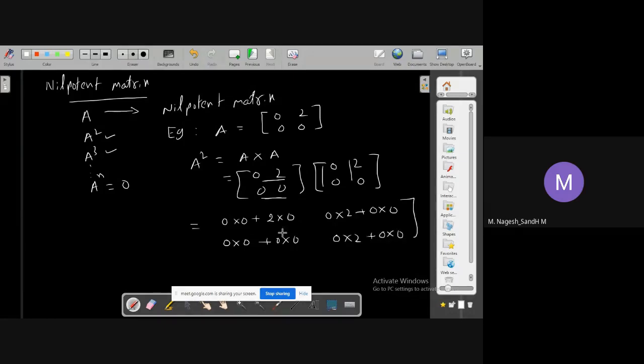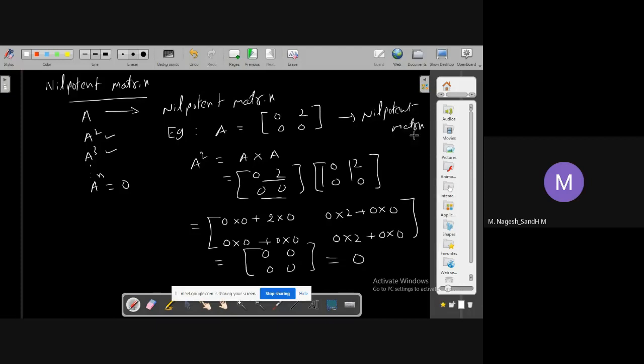So what is its value? 0 into anything is 0. So you get 0, 0, 0, 0. At which stage did you get it? At A square only you got 0. If you get 0 like this, then this A is a nilpotent matrix.